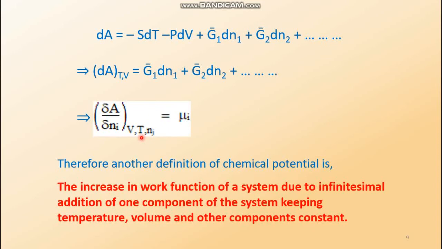I repeat: in the expression of partial molar Helmholtz free energy, AI bar, along with temperature, the pressure is constant along with Nj. But in the expression of chemical potential, along with Nj and temperature, the volume is constant. That's the difference. Now let's proceed to enthalpy.